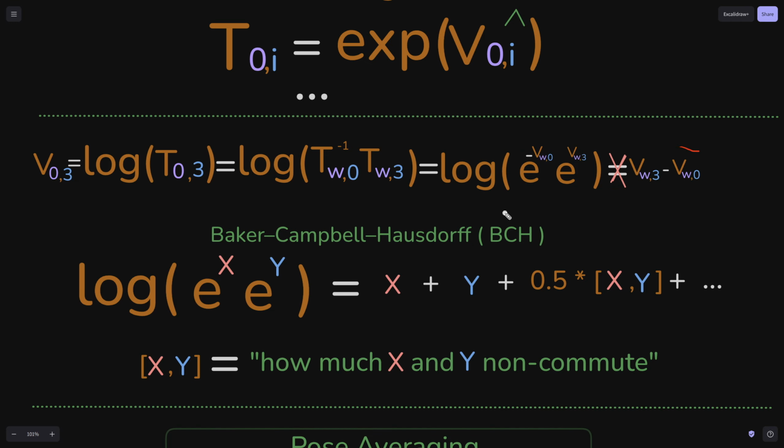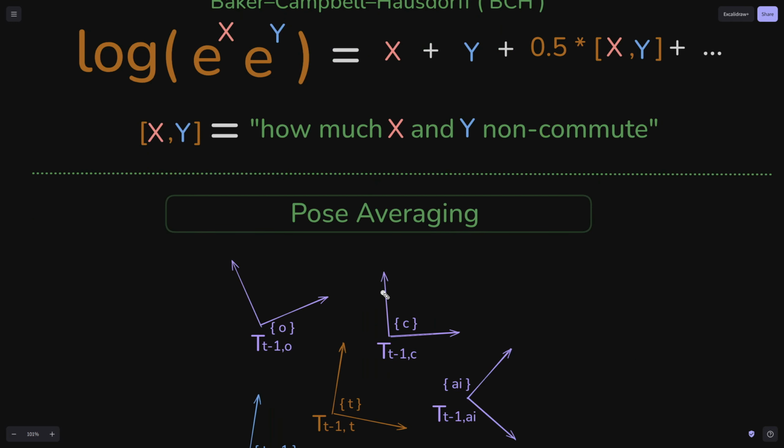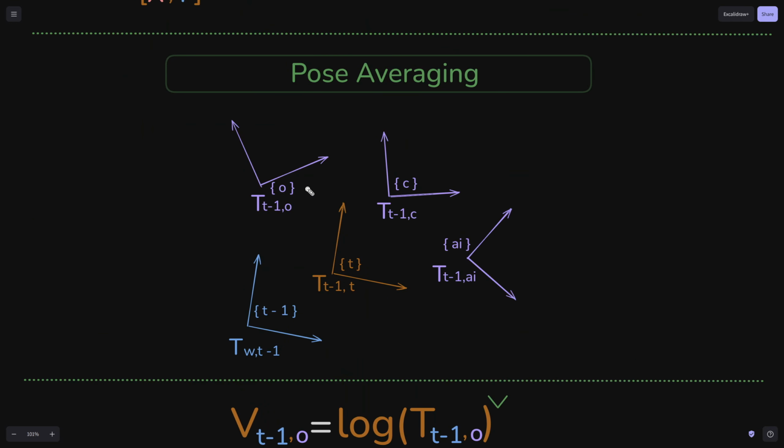What we are doing is saying that the average of those in the Lie algebra space is the same as the average if we would use the proper transformations, okay? And this is just factually not true.